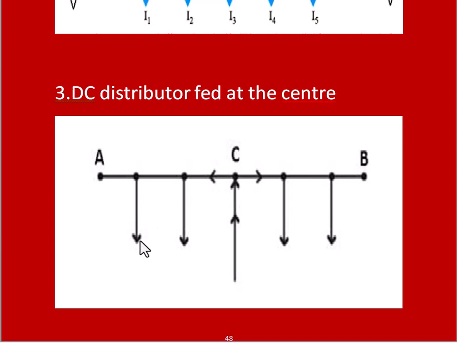Here this is one load, this is another load, similarly this is another load, this is another load, whereas at the center of AB the feeding point is connected whose voltage is something like V, and the point at which the DC distributor is connected is point C, and from this point current will flow from left to C, similarly right to C towards B.